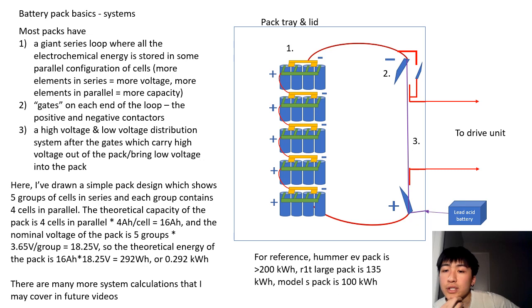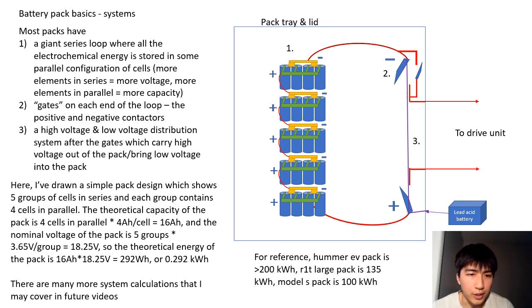You can also see a little bit of red wiring after the contactors. That's enabling high voltage to go to the drive units. There will be some sort of bus bar configuration or wiring that takes the high voltage and enables it to exit the pack through some headers towards the drive unit. So, to summarize, the three parts of a battery pack are pre-contactor, your contactors, and then post-contactors.